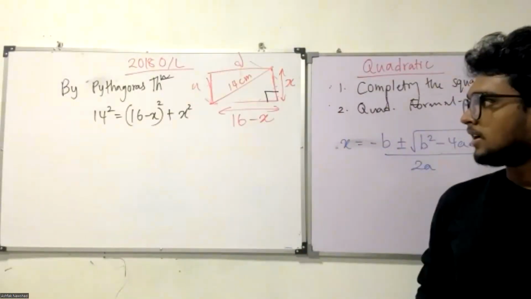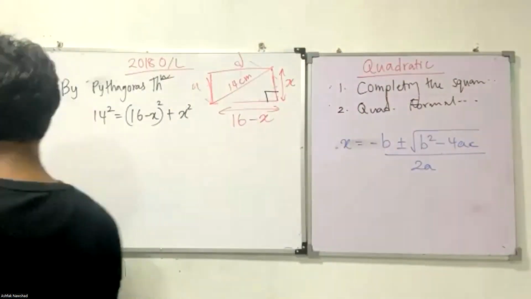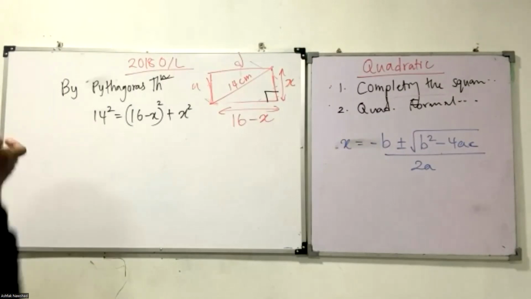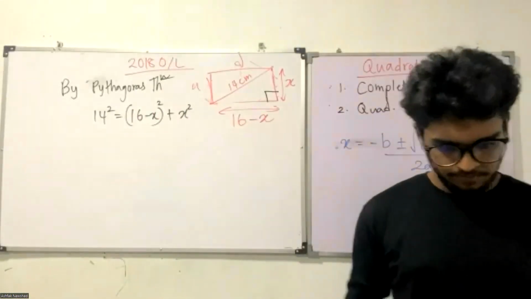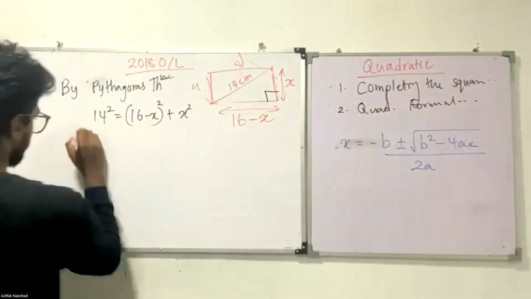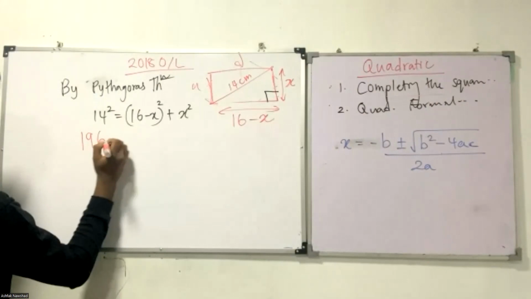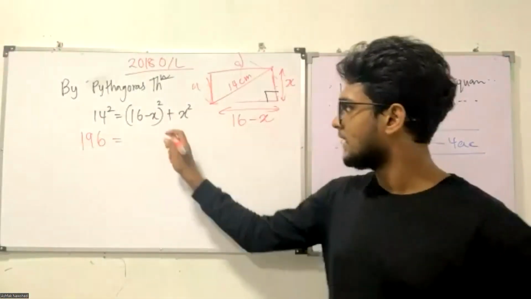This is clear. Now let me know the square of 14. What's the square of 14? Yes, 14 squared is 196.